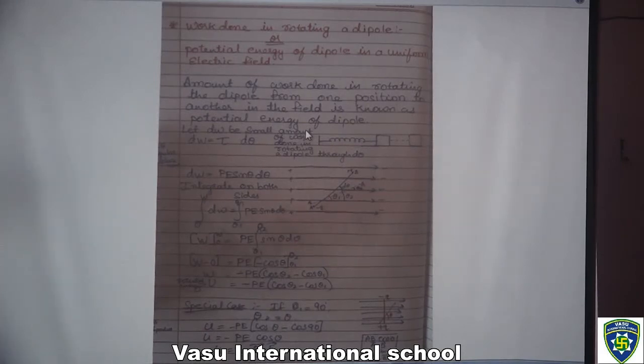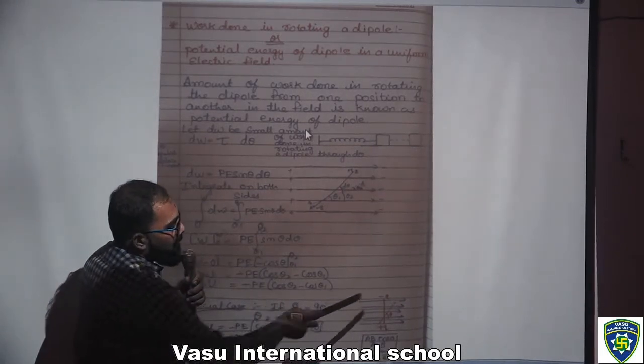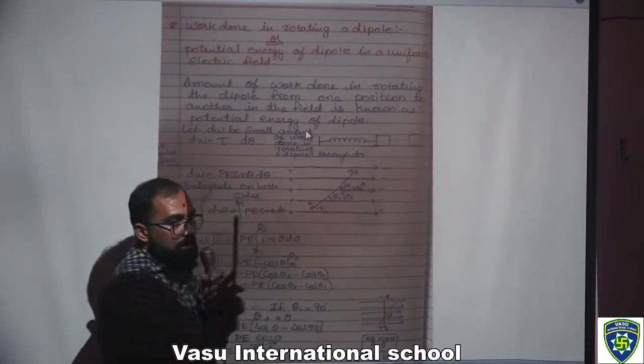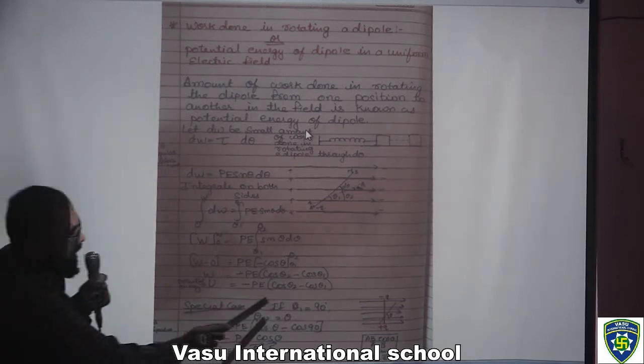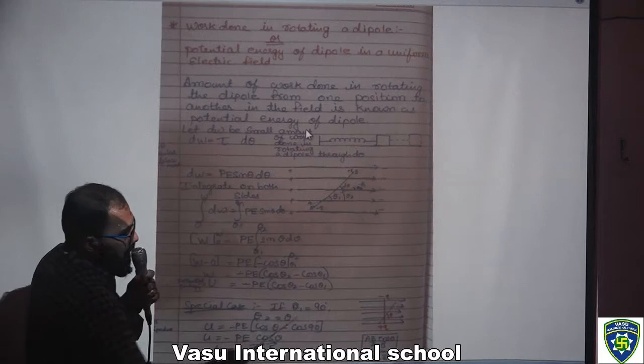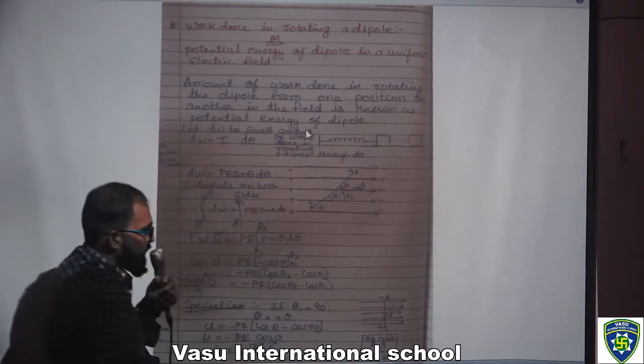If a special case is taken, where theta 1 is equal to 90 degrees. Now this is an electric field, and in it the dipole is put at 90 degrees. So theta 1 is equal to 90 degrees and theta 2 is equal to theta, because it starts at 90 degrees and then makes an angle theta. So here it is shown.